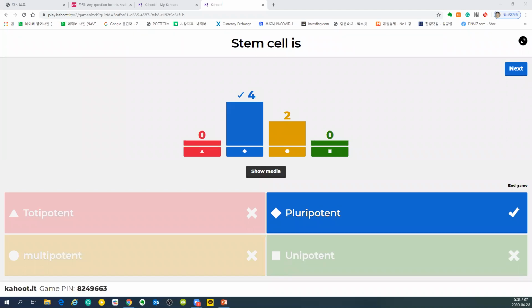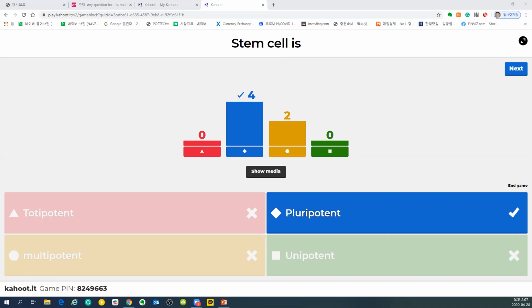Pluripotent is much bigger than multipotent. Multipotent usually means one cell can make 2, 3, 4 cell types. Usually we call these blasts. Blast means it's a kind of seed or starting precursor cell. Those cells can make 3 or 4 different cell types, but cannot make hundreds of different cells. Our body may have more than 100, maybe up to thousands of different cell types, and only a pluripotent stem cell can make every type of cells.